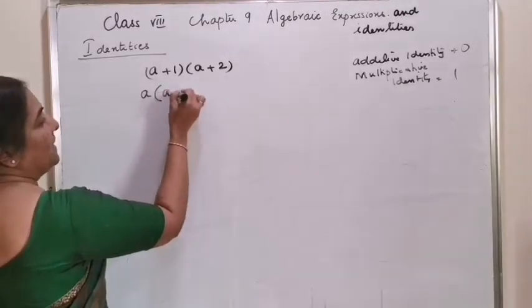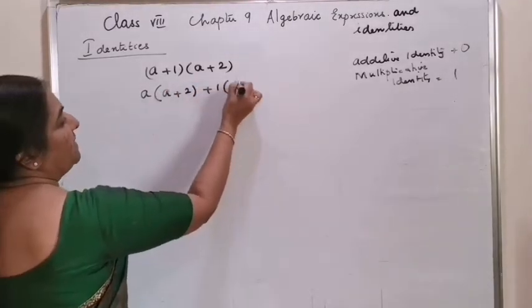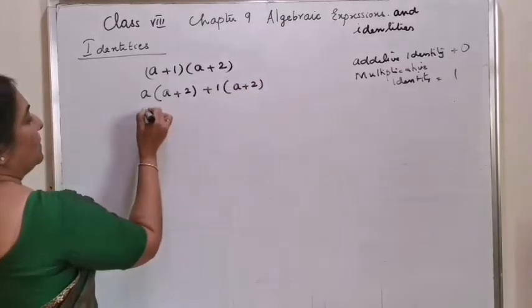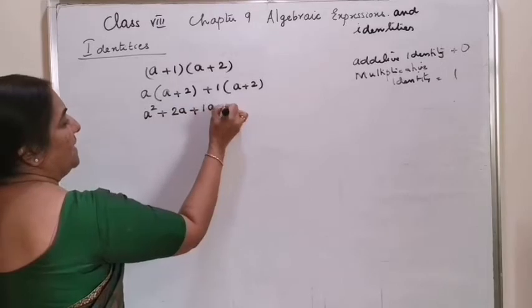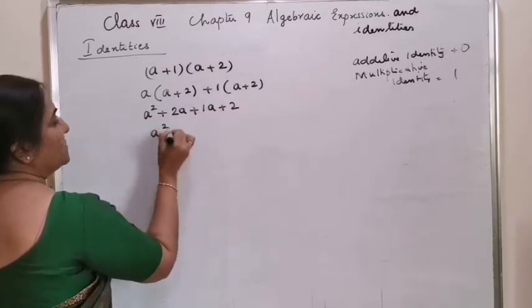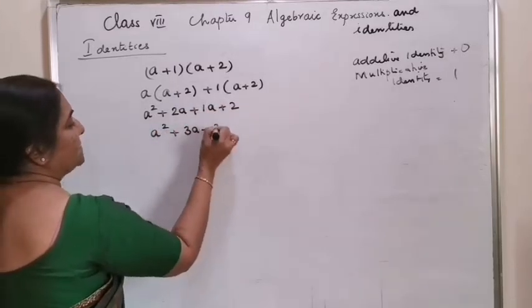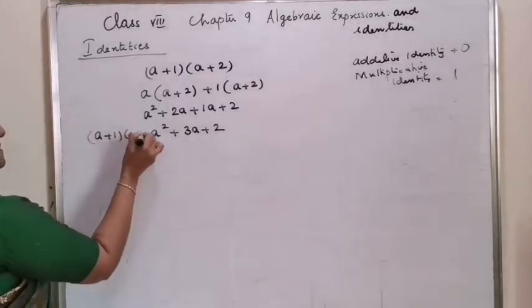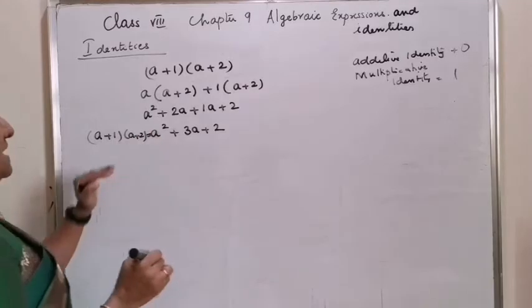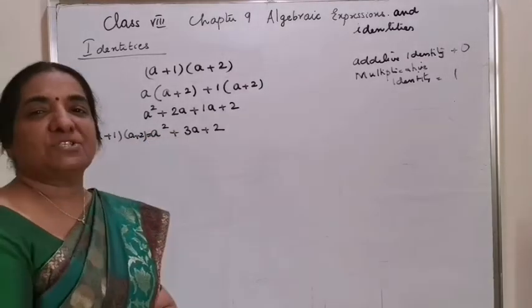A into a plus 2 plus 1 into a plus 2, or a square plus 2a plus 1a plus 2, or a square plus 3a plus 2. That is, a plus 1 into a plus 2 is the same as a square plus 3a plus 2.